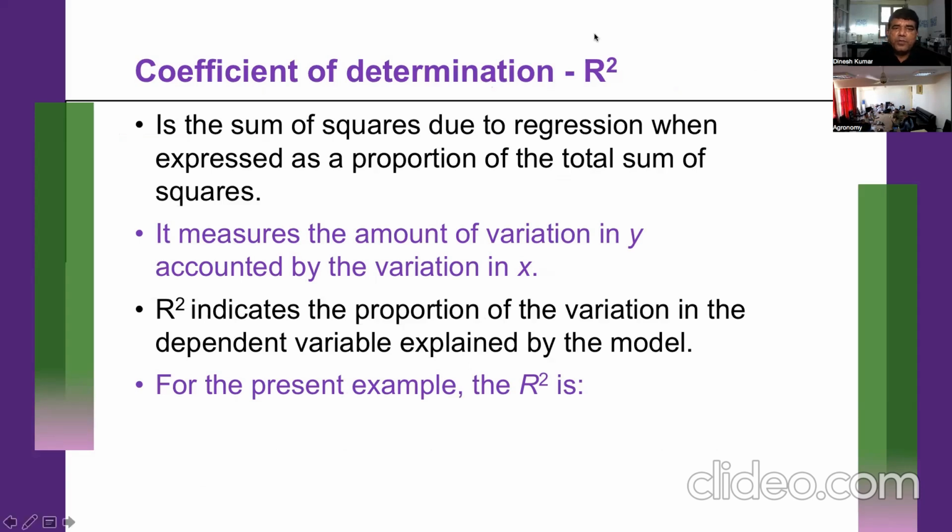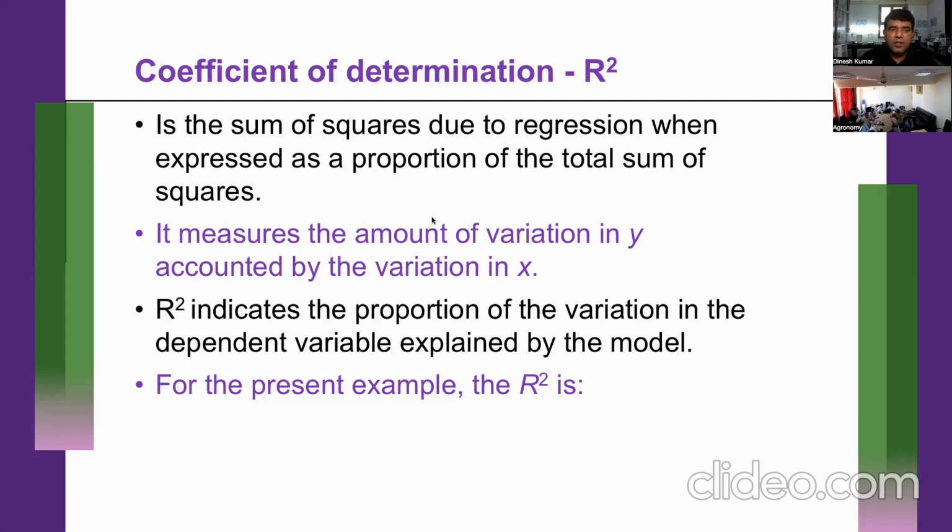It is the sum of squares due to regression expressed as a proportion of the total sum of squares. You remember we calculated the sum of squares due to regression, sum of squares due to error, and total sum of squares in the analysis of variance. So from that table, we can take the ratio of sum of squares due to regression divided by the total sum of squares.